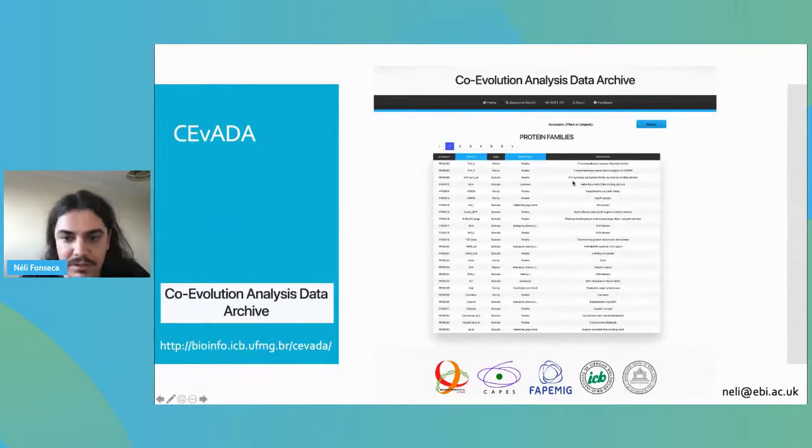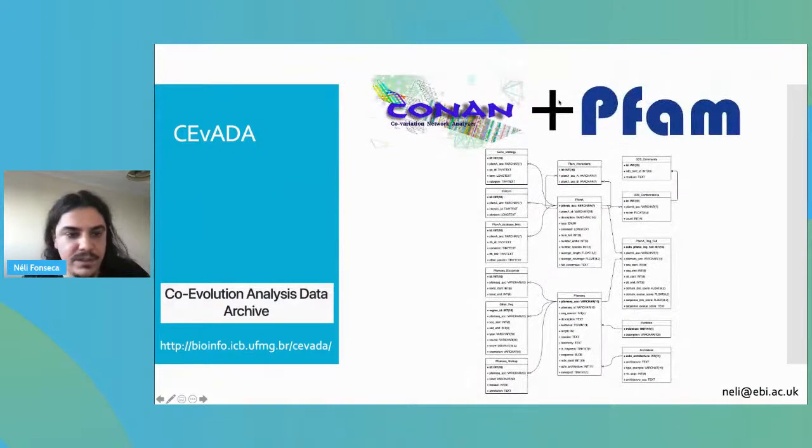And you can also find the documentation about how to use our REST API to perform programmatic access. CEvADA was built under the Pfam architecture, so we're using the same architecture as Pfam with a mirror of the database, and using the CONAN standalone software to calculate the covariation.